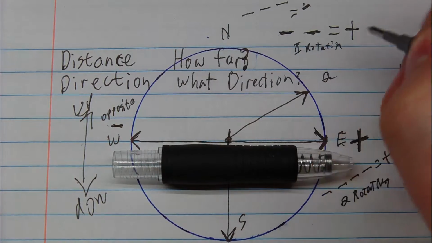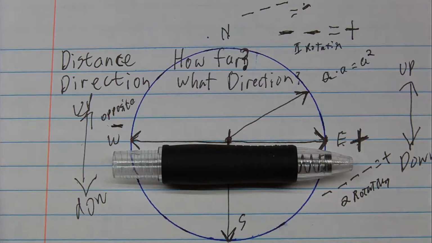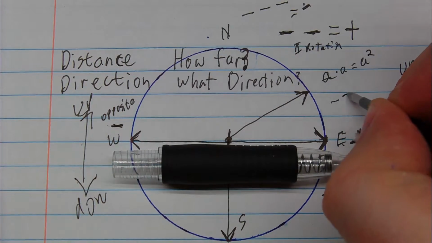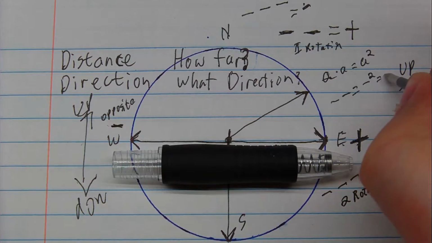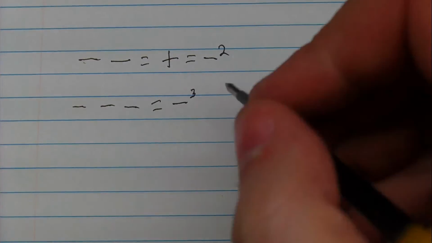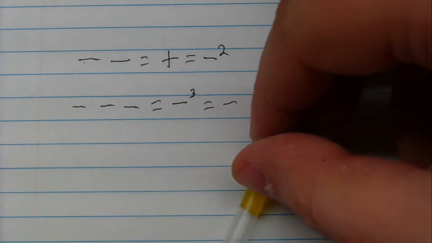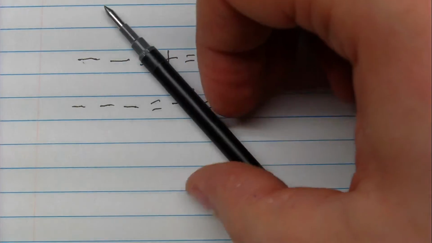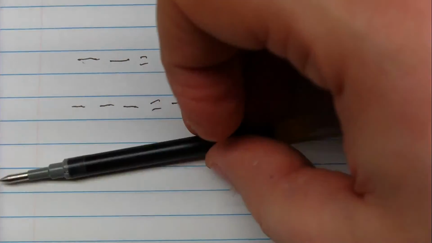Now, if I take something and I multiply it together a whole bunch of times, some a times a equals a squared. Well, a negative times a negative equals a negative squared, which equals positive. Negative times negative times negative equals negative to the third, because there's 1 negative, 2 negatives, and 3 negatives.